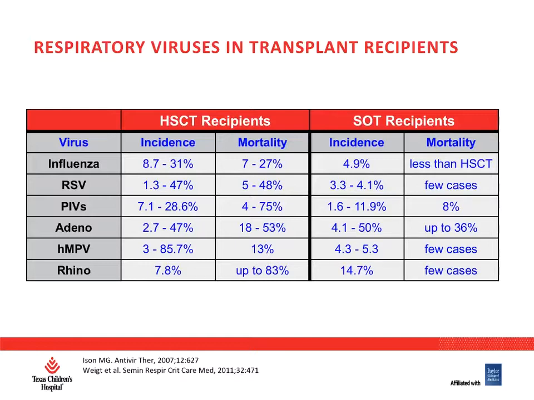You can see here a fairly high incidence of all of these respiratory viruses in stem cell transplant and solid organ transplant recipients, with, in many cases, fairly high mortality. So it really behooves us to identify these as quickly as we can, but also with very high accuracy.